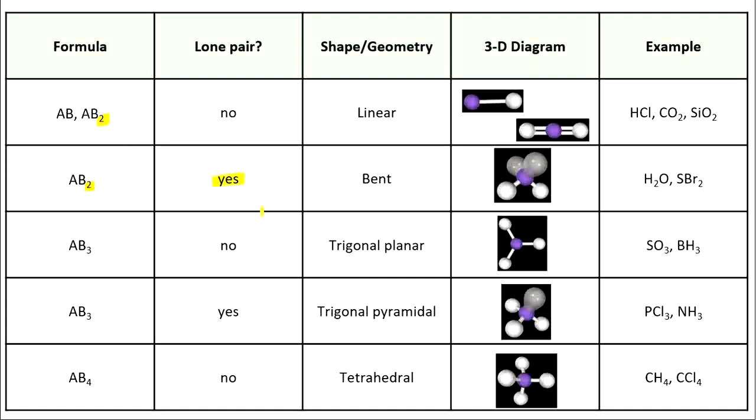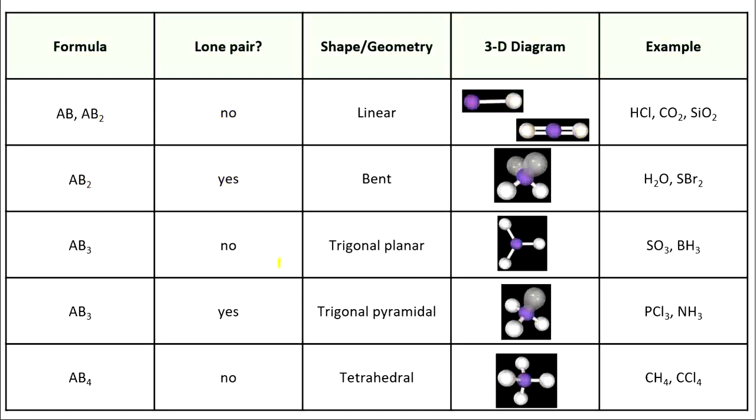A bent has a pair of lone pairs, or perhaps two pairs of lone pairs, whereas a linear shaped molecule does not have any lone pairs on its central atom. Now if you take a look at the linear shape, there are two different examples that I'm showing you here. One has two outside atoms with a central atom, again no lone pairs, while the other one has two outside atoms and no central atom. That is also a linear shaped molecule.